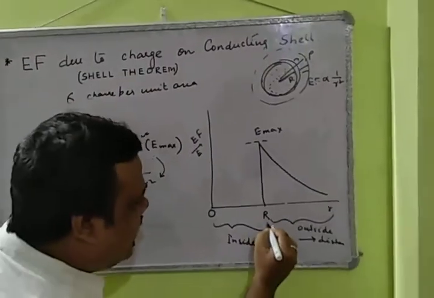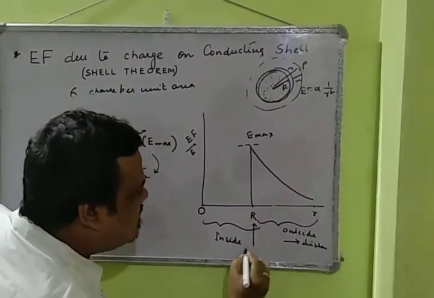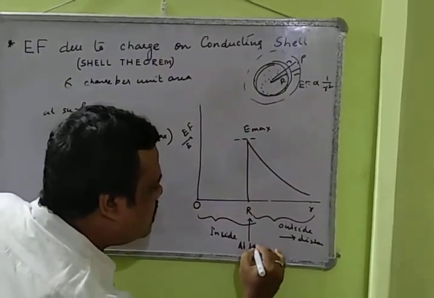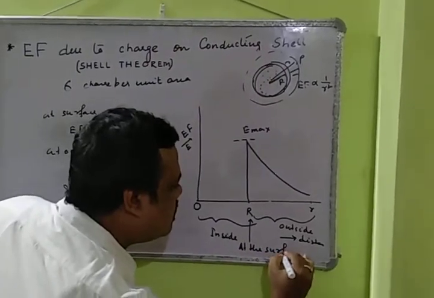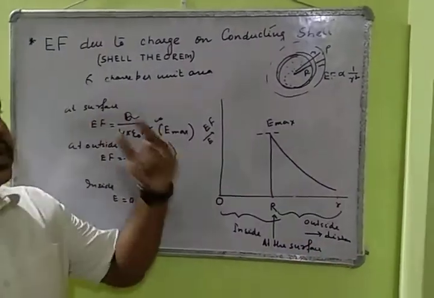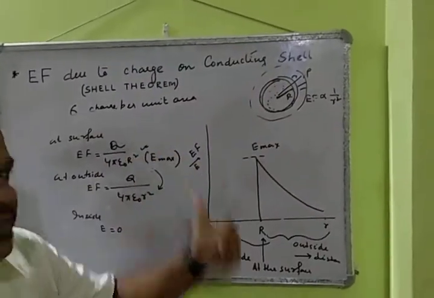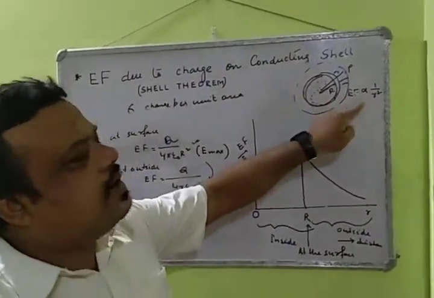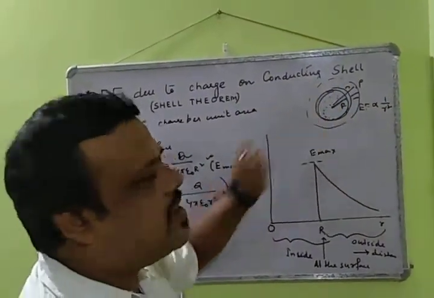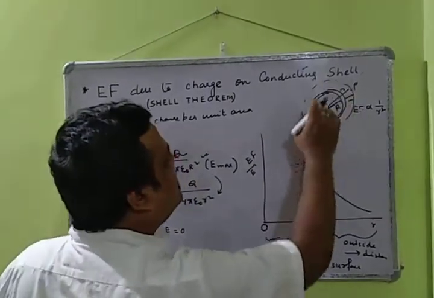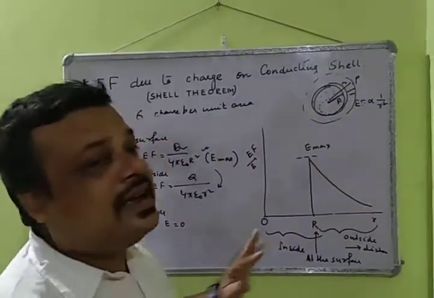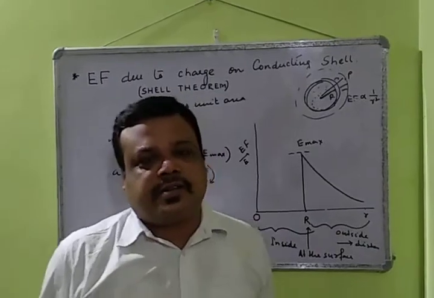And exactly at R, what is this? At the surface. So this is the behavior of the electric field outside a spherical shell, inside a spherical shell, or at the spherical shell as a whole. This is known as the shell theorem of electrostatics.